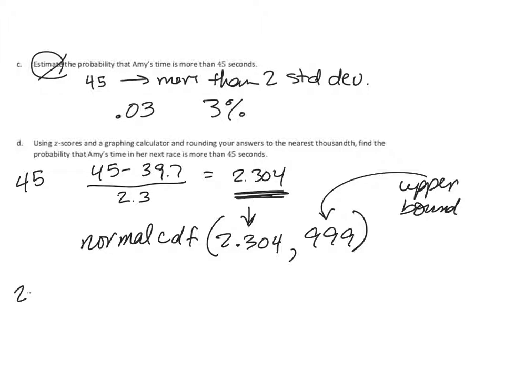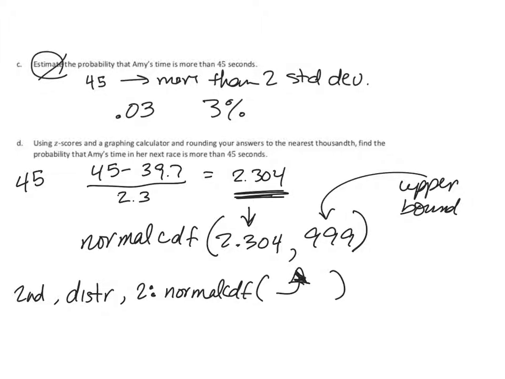So go ahead and do the second DISTR, find 2 normal CDF, and plug this into it. I'm going to go ahead and do that now. 2.304, comma, 999.